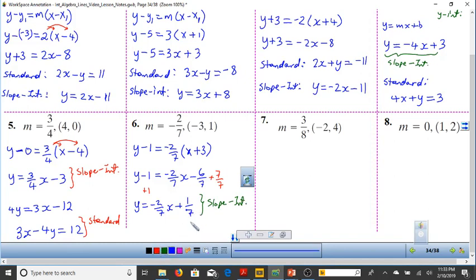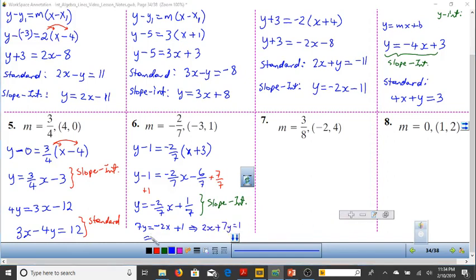But now if I want standard form, I multiply all by the common denominator, which is 7. So I'll end up with 7y equal to negative 2x plus 1, which gives me 2x plus 7y is equal to 1.